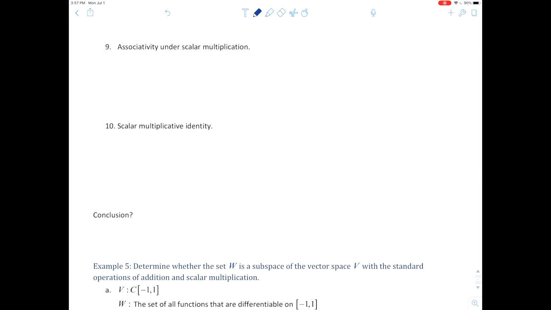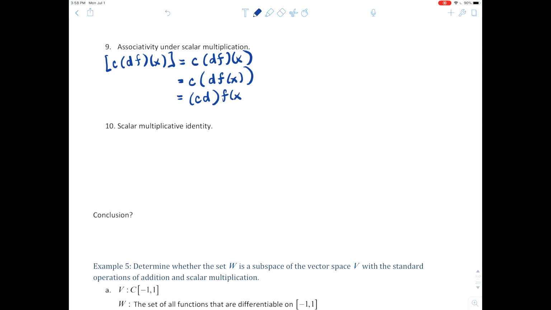All right, associativity under scalar multiplication. So if we start with c times d times f at x, that's going to give us c times df at x, which is c times d times f at x, which is c times d times f all at x.